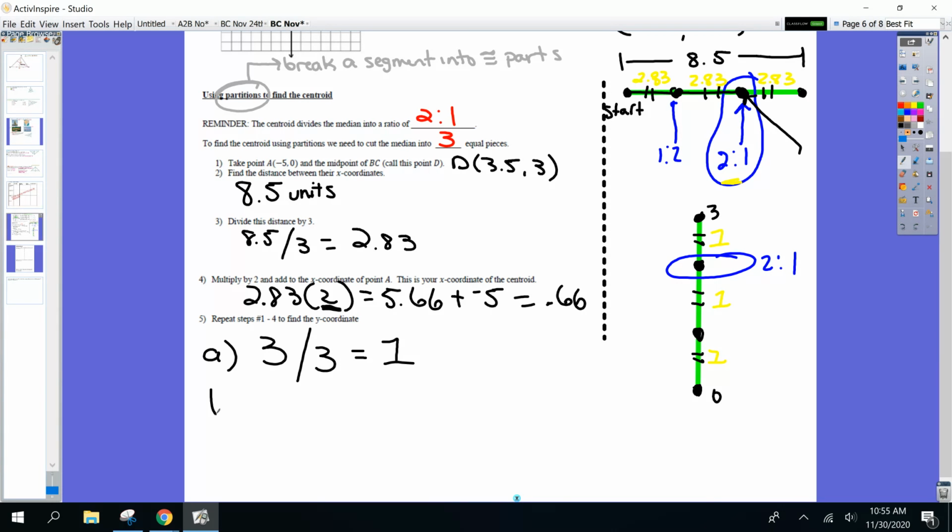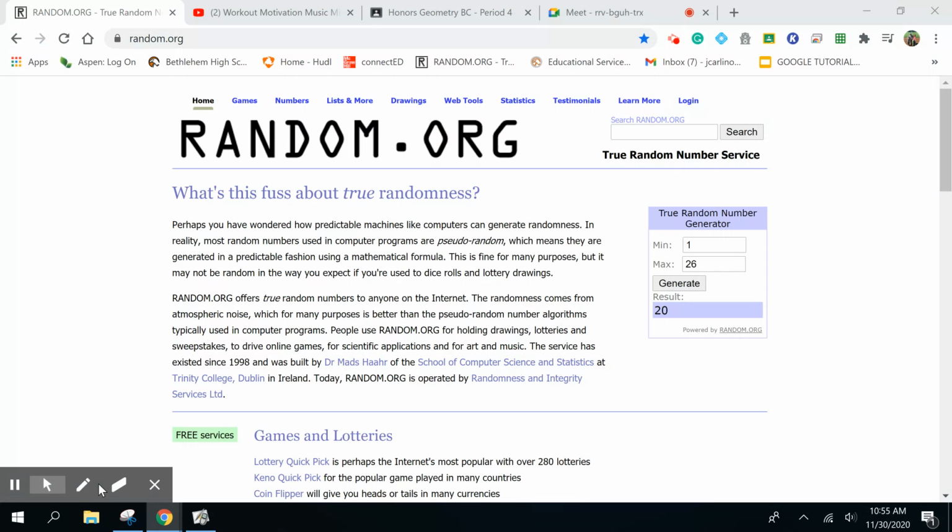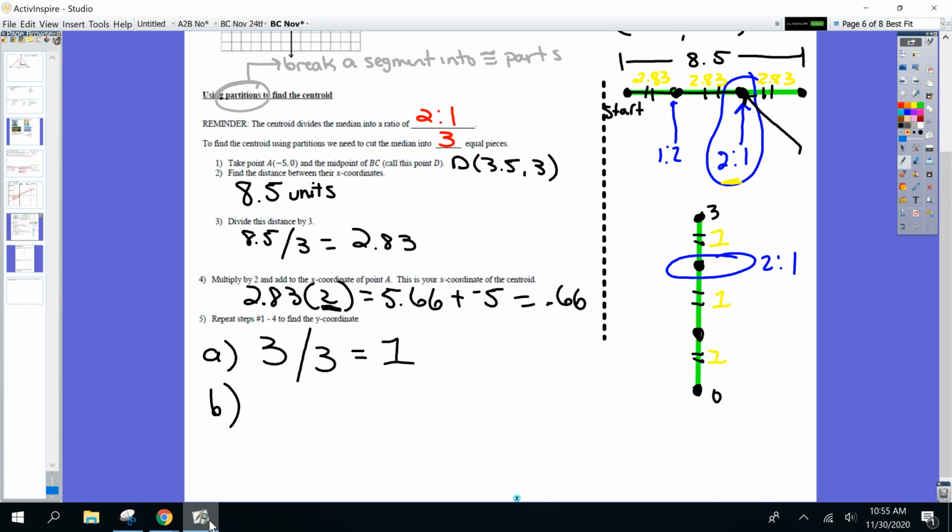So can somebody tell me from the start, how many total units do I need to go on the y-axis to get to the 2 to 1 point? How many total units on the y-axis do I need to travel? Here we go. Atticus, how many total units? 3. Why?